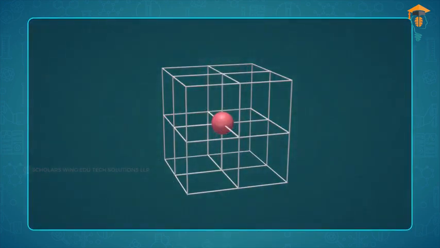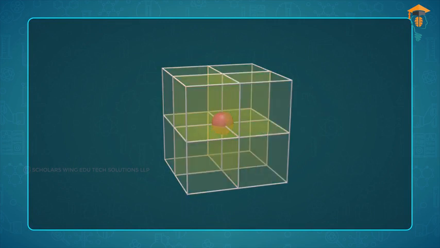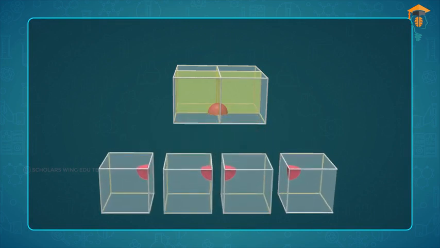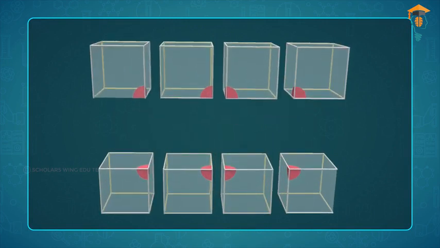For that, take a look at this crystal lattice. Can you see that corner atom? It is shared by 8 unit cells, isn't it? Can you see there are 4 unit cells in the lower layer and 4 more in the upper layer, right? So, since this atom is shared by 8 cells, obviously, the atom does not completely belong to one unit cell, isn't it?